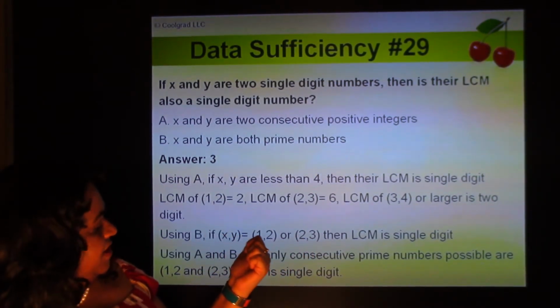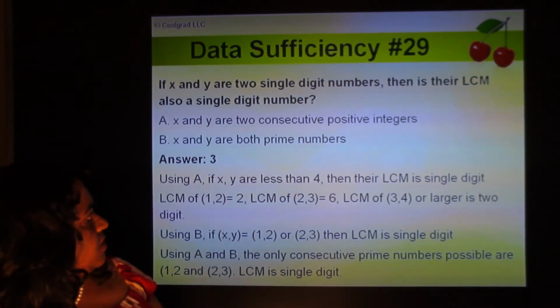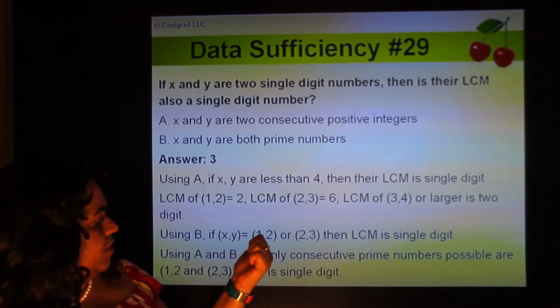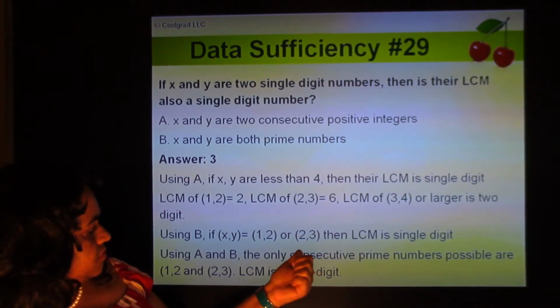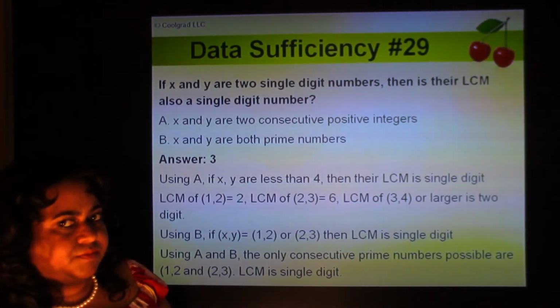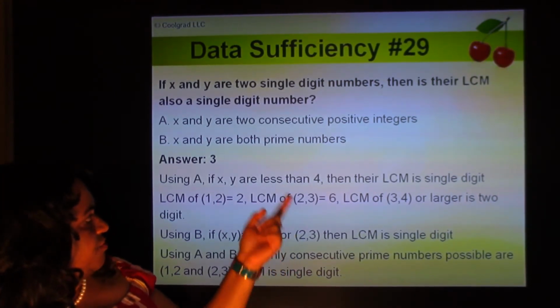And using B, x and y are both prime numbers. So you can have 1 and 2 or 2 and 3, or if it's 1 and 2 and 2 and 3, then the LCM is a single digit number. Or what if they're both prime numbers, right?